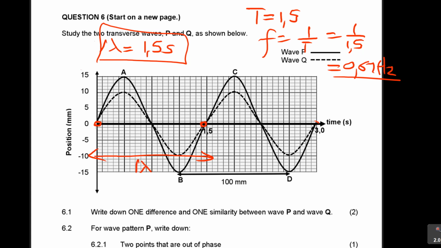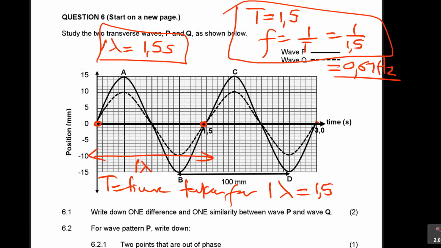Period T is equal to the time taken for one wavelength, and the time was 1,5. Then you use the formula and you get the answer.